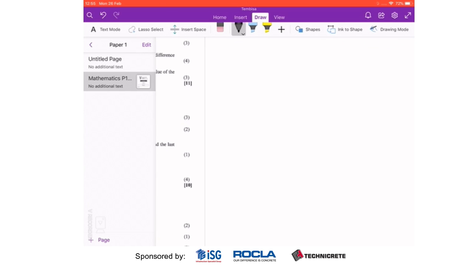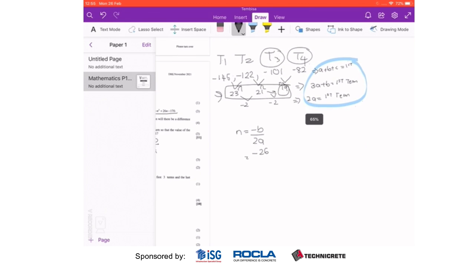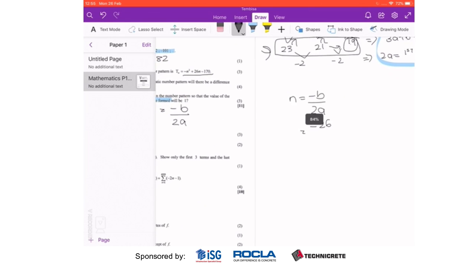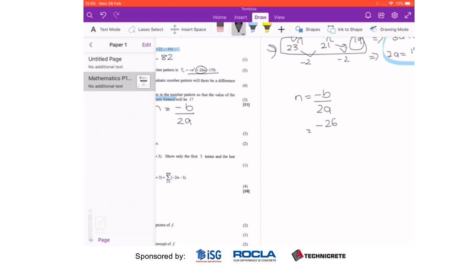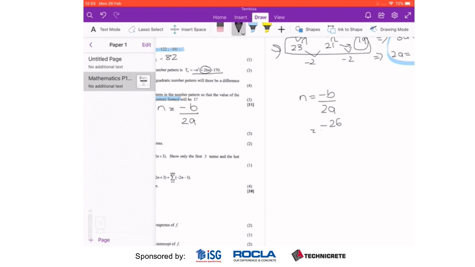So we've got n is equal to minus b over 2a. My b was negative 26, so we're taking b from here. I got b to be negative 26 in the formula. We can even look at the formula. And a was negative 1. So what do we have here? We've got negative 26 over negative 2, which is 13.